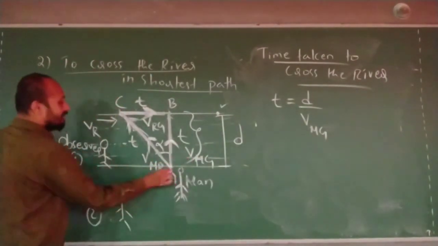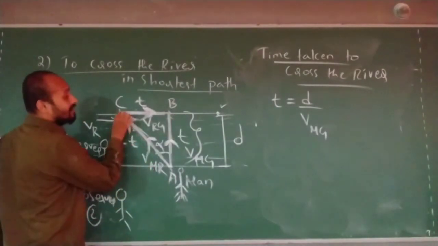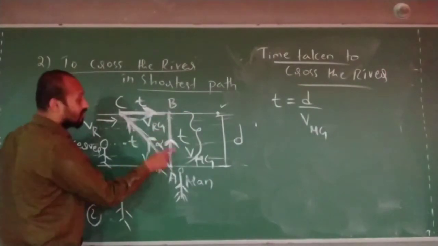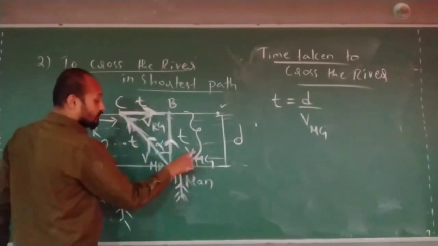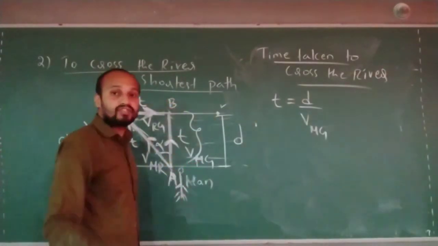So the time taken to travel like this with velocity Vmr, time taken to travel from point A to C, and time taken to travel from point A to B with velocity Vmg, remains same.